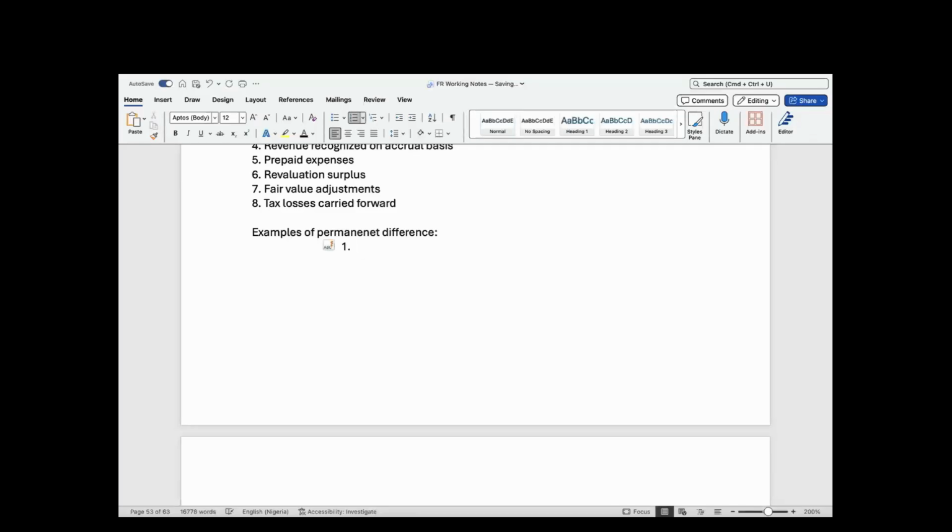And examples are items that the taxman will permanently disallow. It's not because maybe you have not paid it or you have not earned it. This one, they would permanently disallow it. So it's naturally not considered for taxes. So there is no need making any deferred tax for that, because you are never going to pay tax on it or recover tax on them.